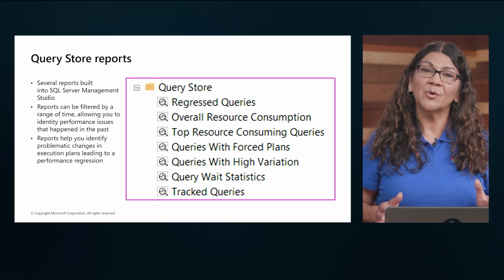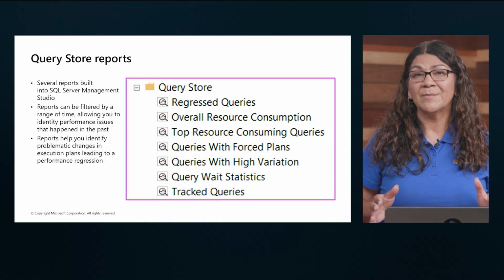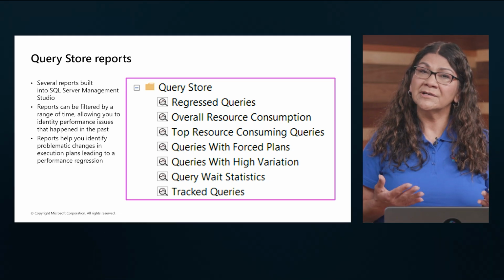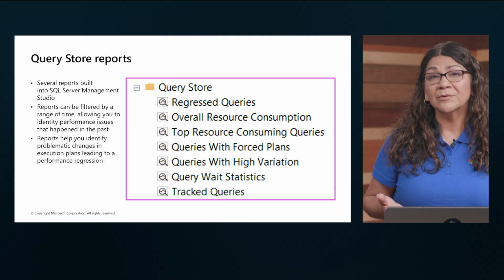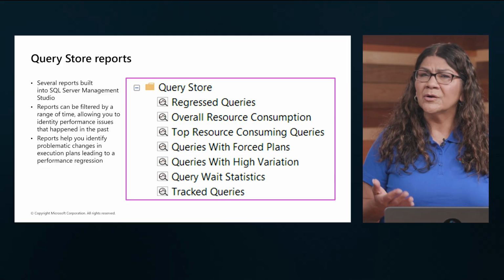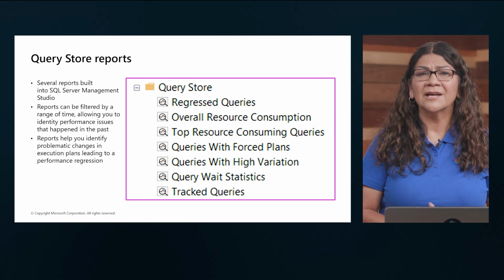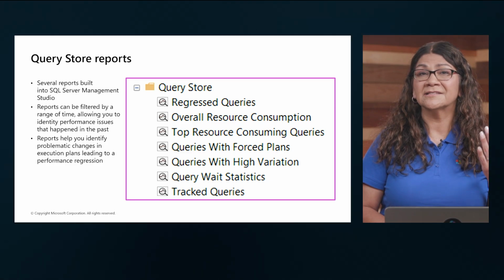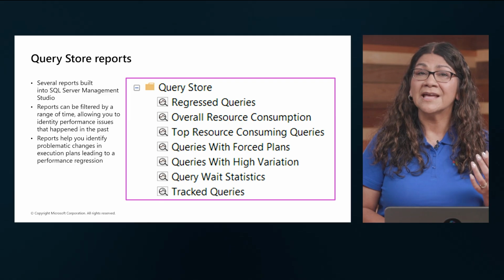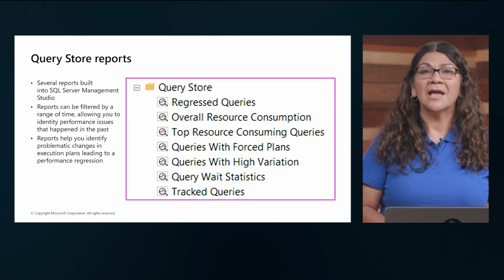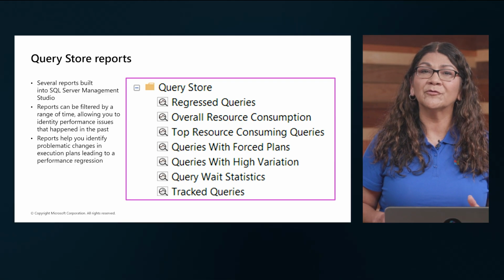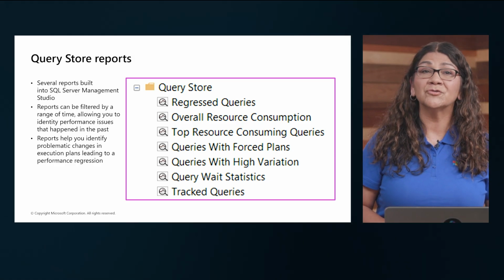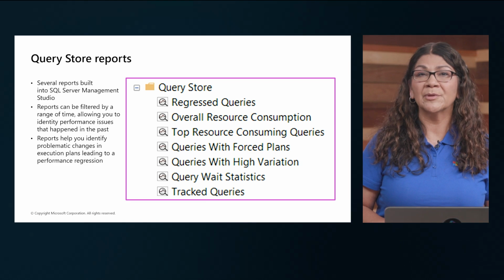Its built-in reports in SQL Server Management Studio, like regressed queries, overall resource consumption, top resource consuming queries, queries with forced plans, and queries with high variation, also query wait statistics and tracked queries, enable database administrators and developers to pinpoint performance regressions, analyze resource-heavy queries, and troubleshoot execution plan variability.